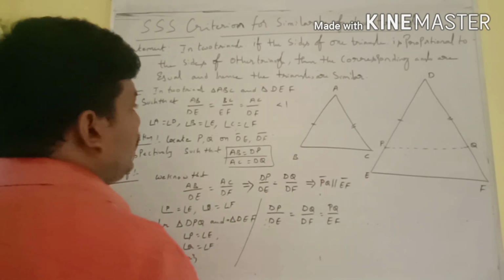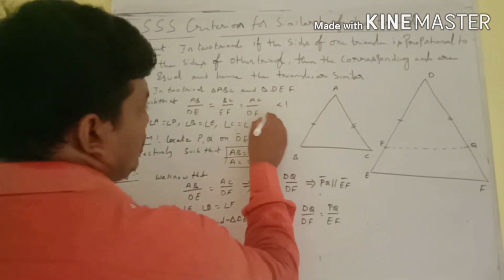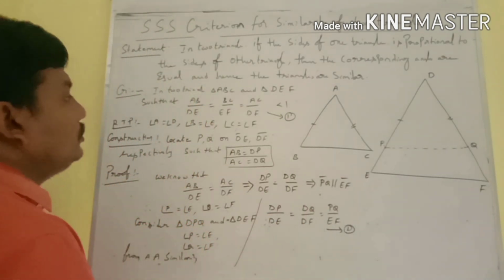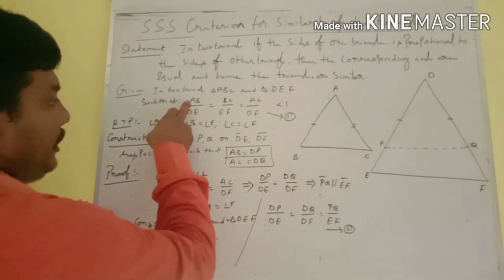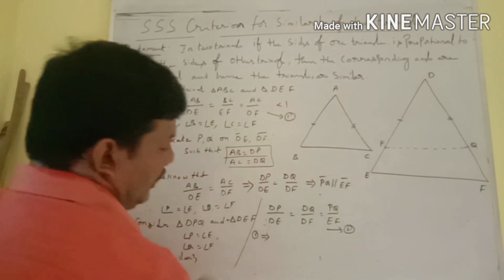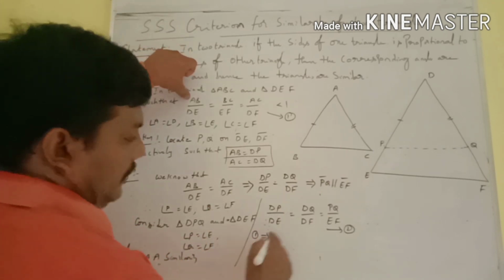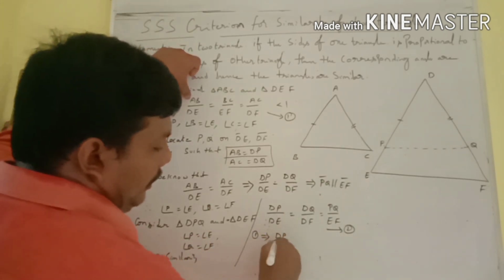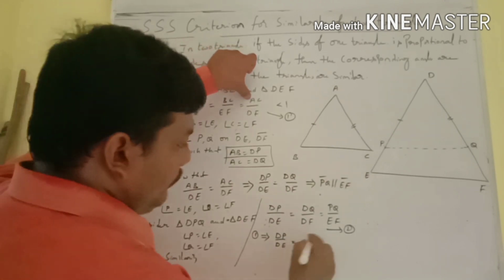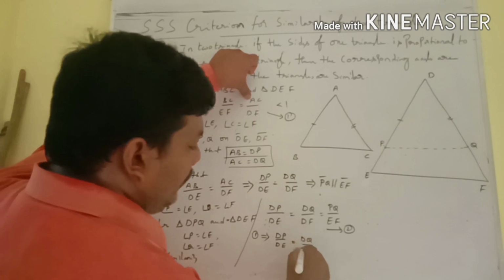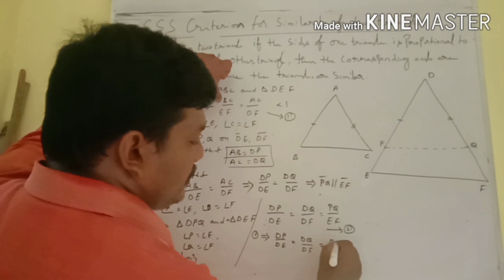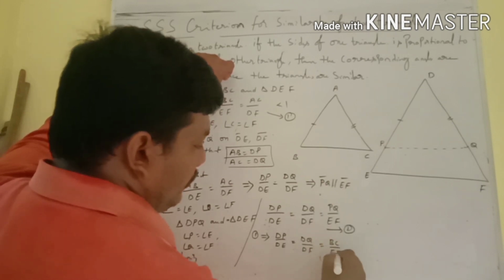Now we consider this as the first equation and this as the second equation. From the first equation, in the place of AB we can write DP by DE, that is equal to, in the place of AC we can write DQ by DF, that is equal to BC by EF.